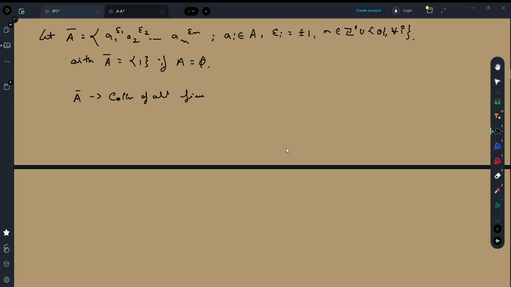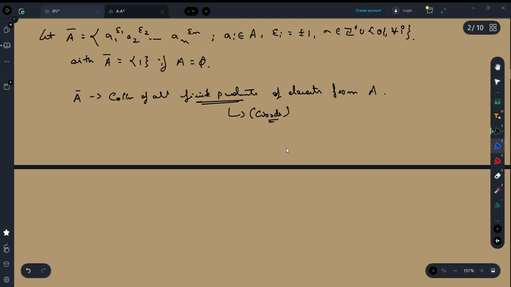So what is A bar? It's basically the collection of all finite products, and these finite products we call words. These are finite products of elements from A. Clear.